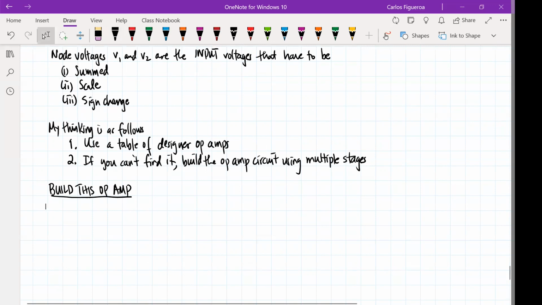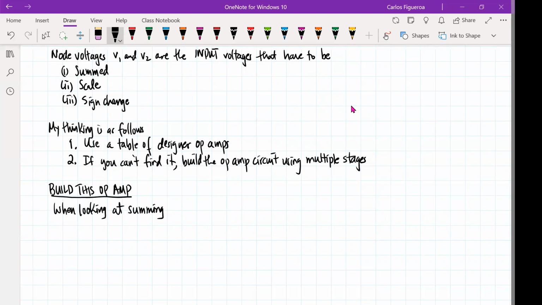So one of the things that I started looking at here is that we clearly have a summing amplifier. So when I look at summing amps, they either have all positive or negative signs.